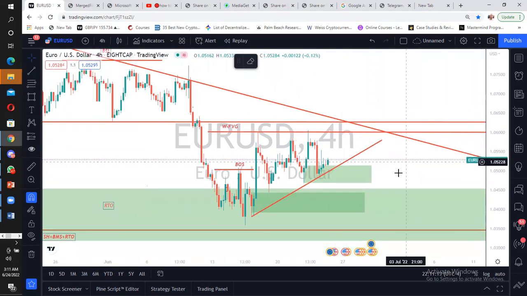And also here, we'll have the sell stop liquidity here. We'll have the sell stop liquidity here, this level. So we'll have both trend line liquidity and sell stop liquidity.